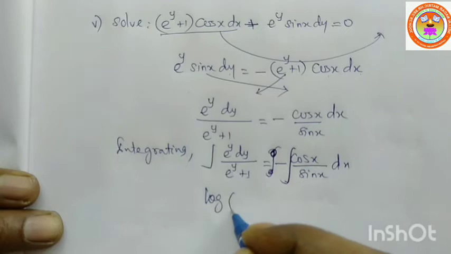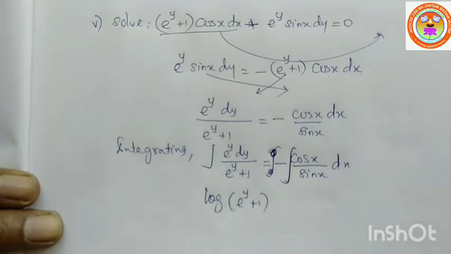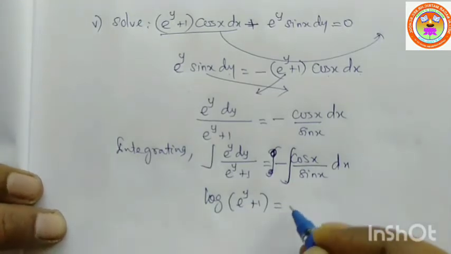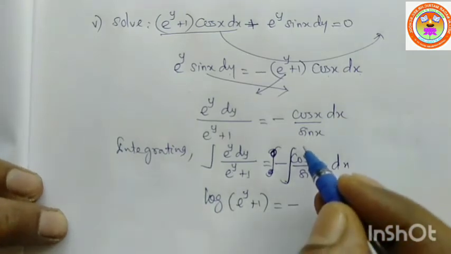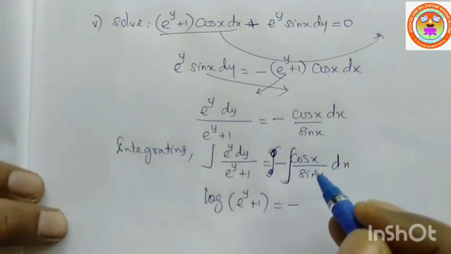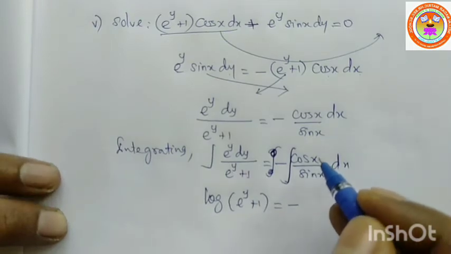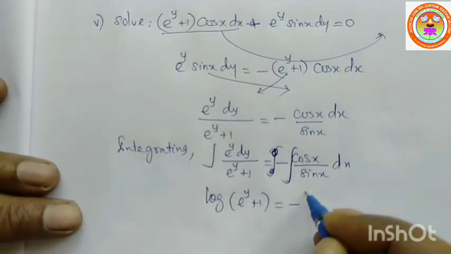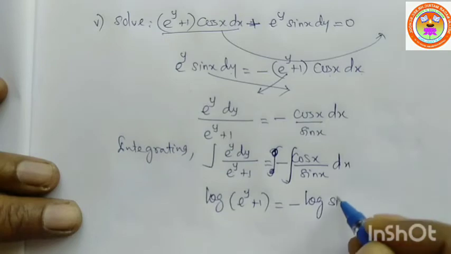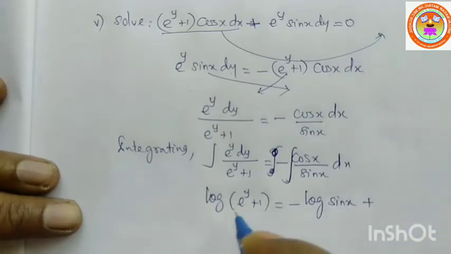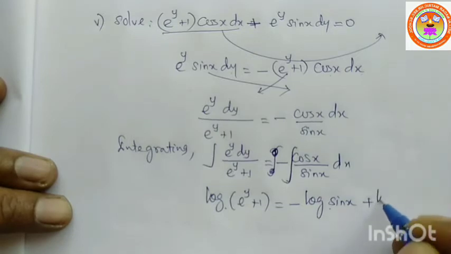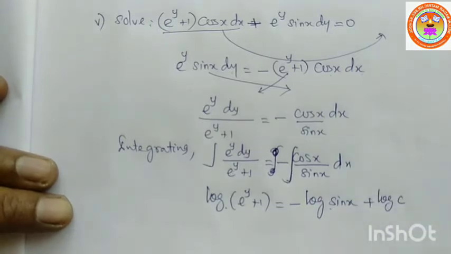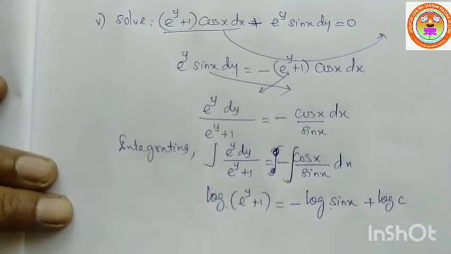So log of e power y plus 1 is equal to minus, for sin x, differentiation is cos x. So the differentiation of the denominator is there in the numerator. So we can apply log of the denominator plus c, logarithm. So the constant is also in log. So log c. The integrating constant is log c.